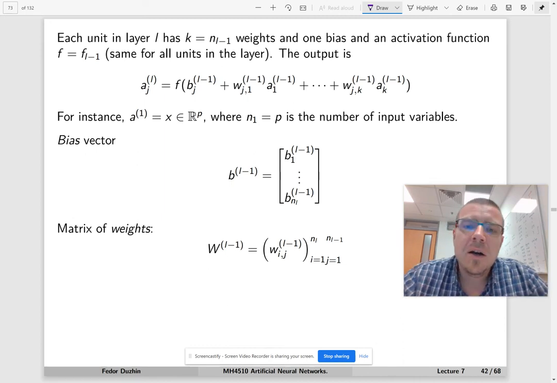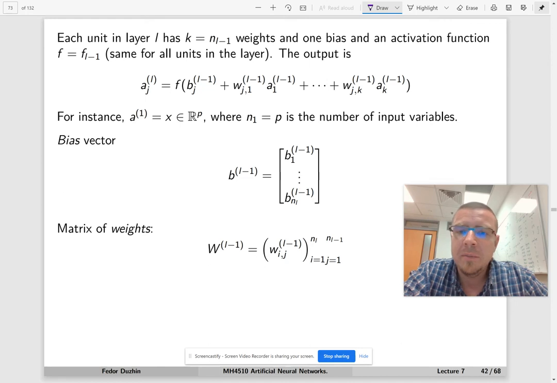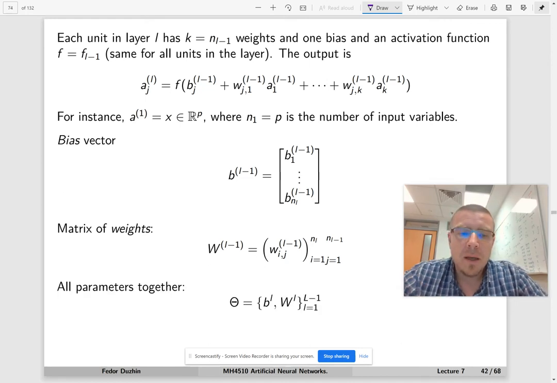And later, in order to process the input of layer L, we're going to take the output of layer L-1, multiply with the weight matrix, and add the bias vector. And then the collection of all parameters together, I'm going to denote by capital theta. This is the Greek letter theta, and it's going to be just all biases and all weights together.